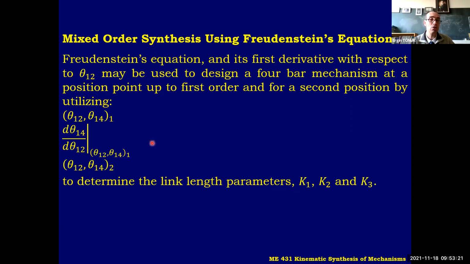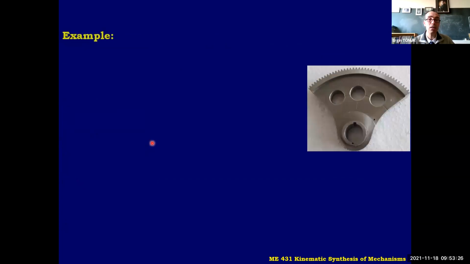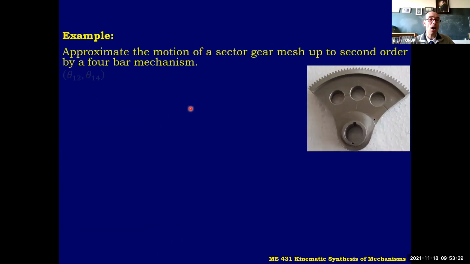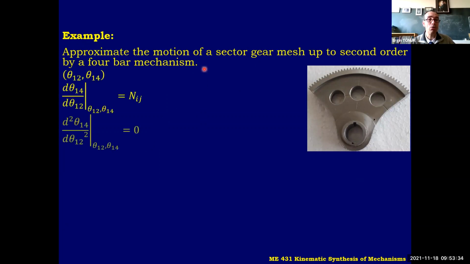This can be used as well, but my example is actually I'm going to approximate so-called a sector gear by a 4-bar. Now, a sector gear is something like this. So it's not a full gear, and you do not have a full rotation. You don't just transmit power, but maybe for a limited range of motion, you would like to say amplify or reduce the motion.